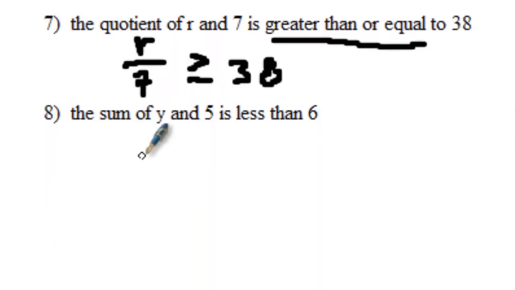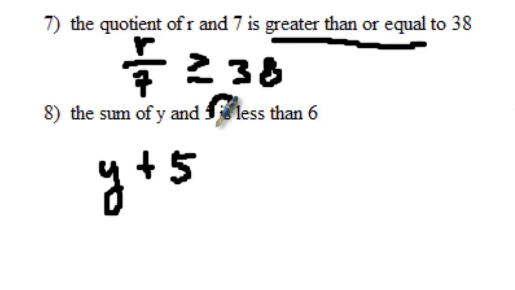Okay, the sum, that's an addition word, of y comes first, and 5. Then "is" is an equal word, is less than 6. Oh, actually, we've got to read further. I jumped the gun on that one.